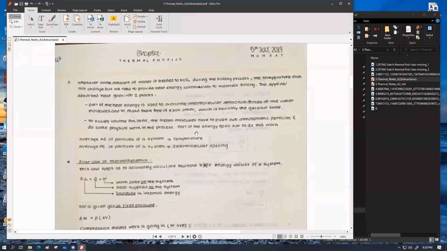And when these water molecules go up and convert into gas, they have to push out the atmospheric molecules to make their own volume. Let's say they are going to require 20 joule worth of energy to do this physical work onto the atmospheric particles which used to be earlier in their own space.